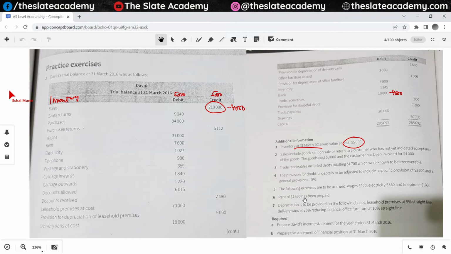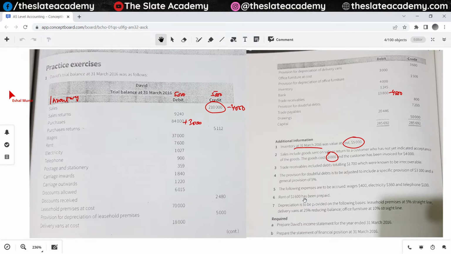So the amount of sales I would remove, and the amount of cost I would add to the inventory or cost of goods sold. Also to purchases. So purchases, how much? 3,000. And closing inventory.